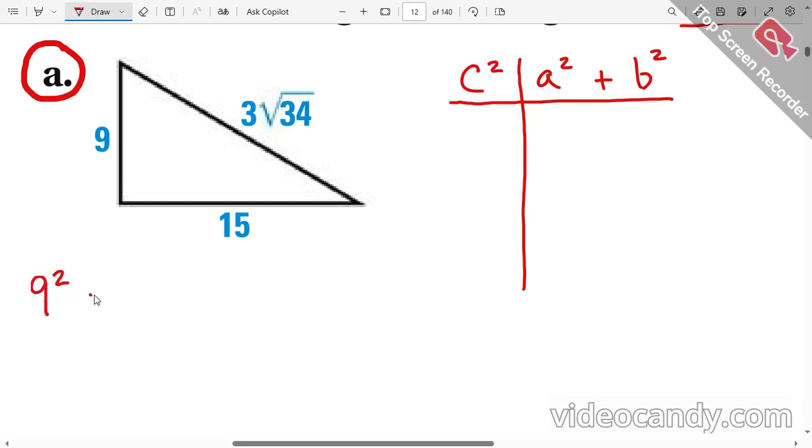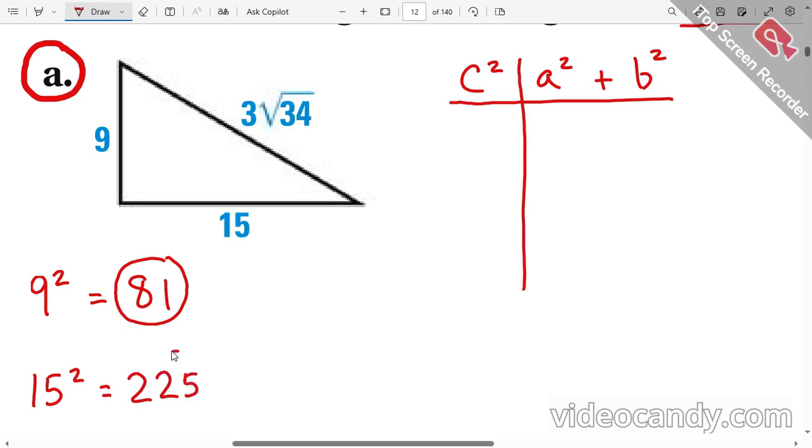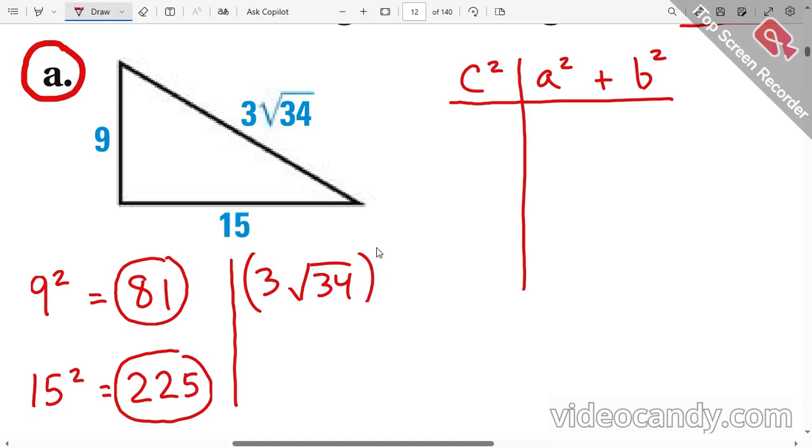All right, so if you do 9 squared, that's just 81. And if you do 15 squared, that's going to be 225. 15 times 15. And finally, if you do 3 radical 34 squared, remember, when you square it, you have to square each one individually.